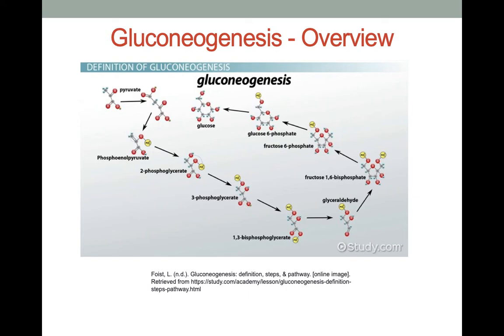In animals, the most common starting points are substances like lactate, pyruvate, and glycerol, and occasionally amino acids can be used. In mammals, this process occurs mainly in the liver, but it can also occur partially in the renal cortex, as well as the epithelial cells that line the small intestine.